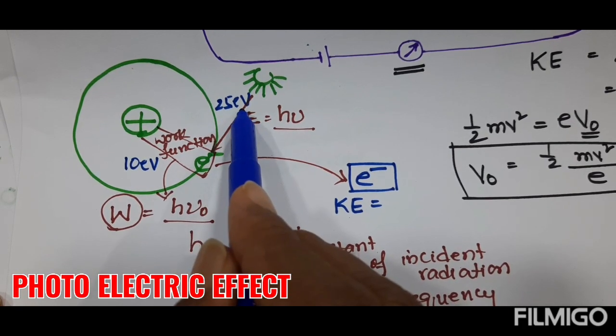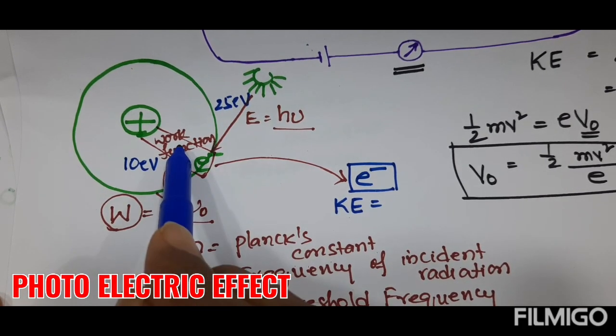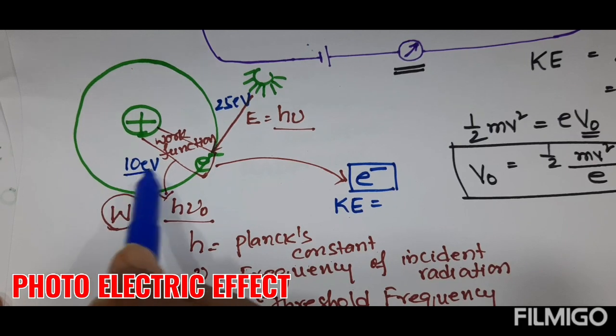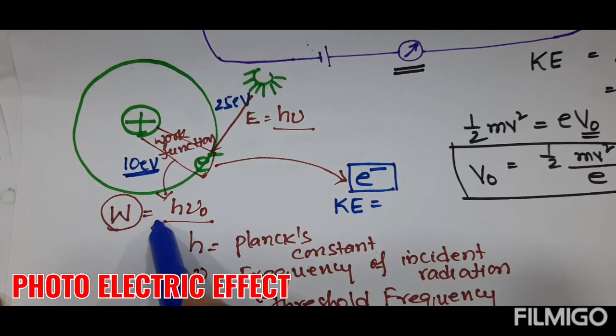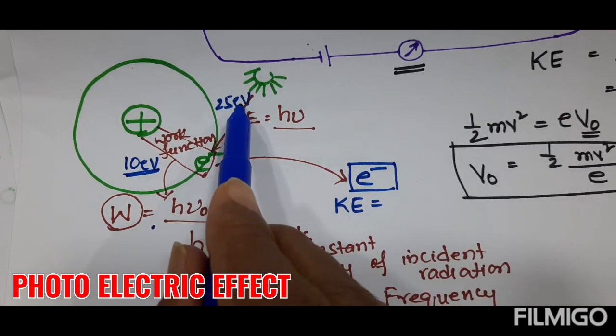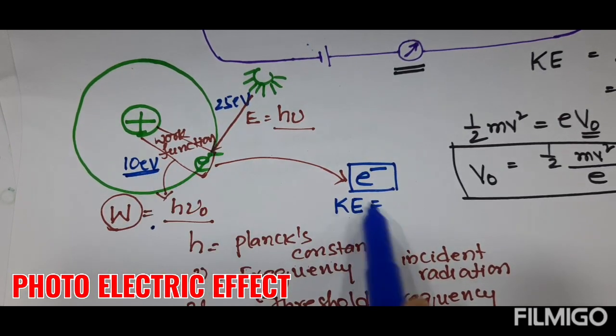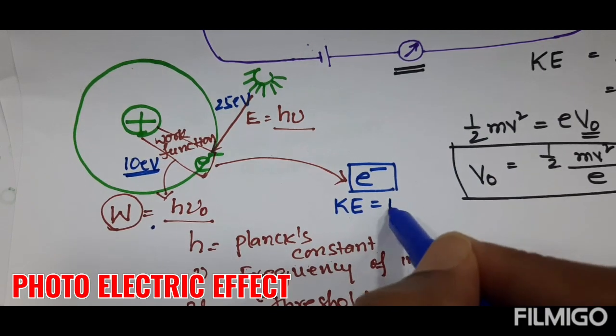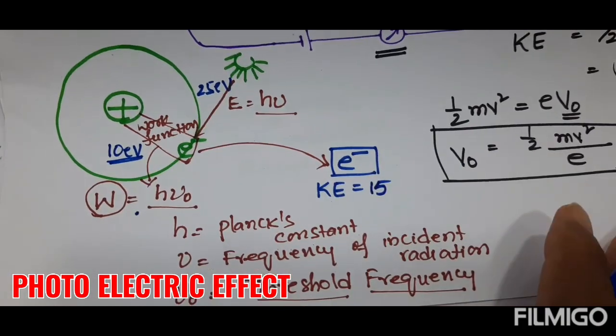Of 25 electron volts, 10 electron volts is for the work function. It is characteristic for every metal surface, the type of metal. Among the 25, 10 is consumed. How much is released? 15. So here kinetic energy is 15.